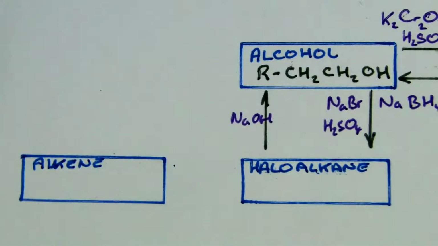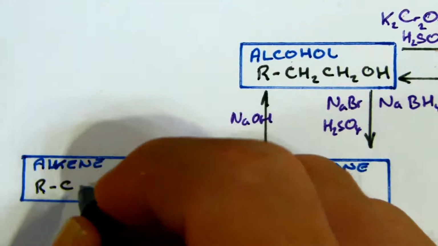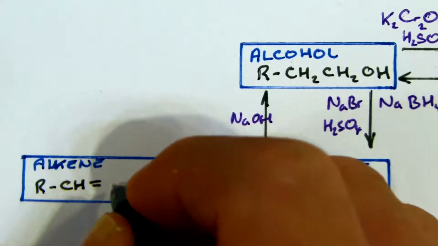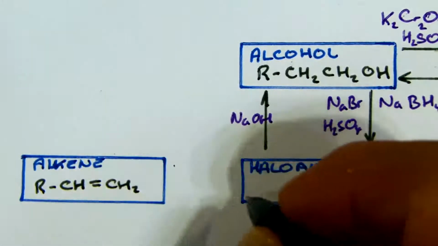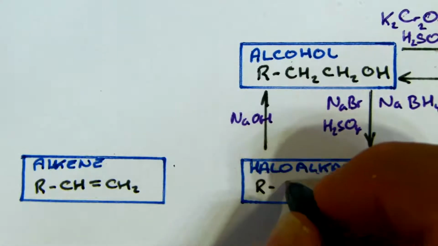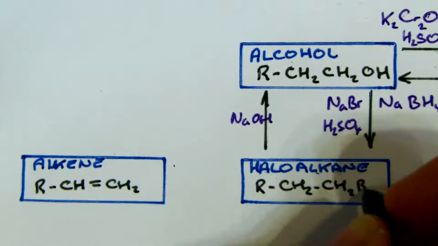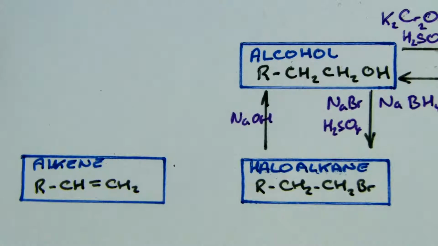And this is going to give me our alkene, whereas our haloalkane would have been something like that. It's just an example. To turn a haloalkane into an alkene, well, that's more problematical.